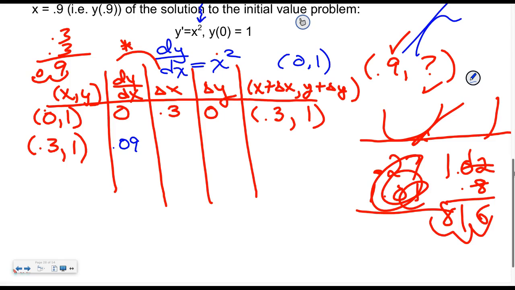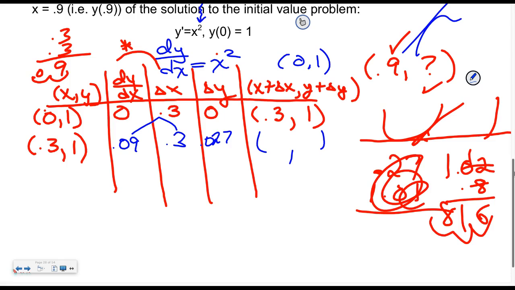How far over am I going to walk? 0.3. How far up will I have gone? Well, now I'm not walking on a horizontal line anymore. So the change in y is the slope times change in x. When I multiply these without the decimals, I get 27, but I have to scoot over 3, so 0.027. Where am I going to stop now and adjust?